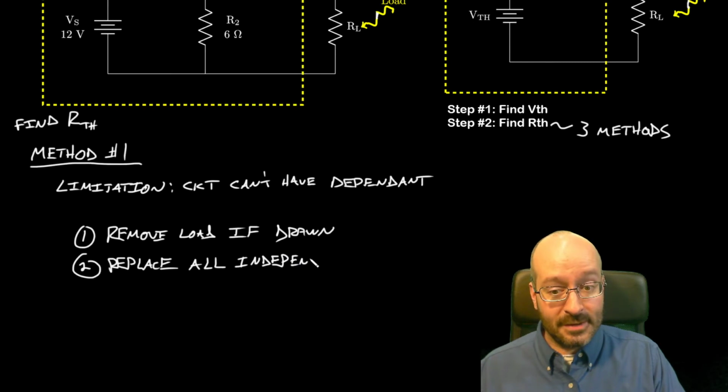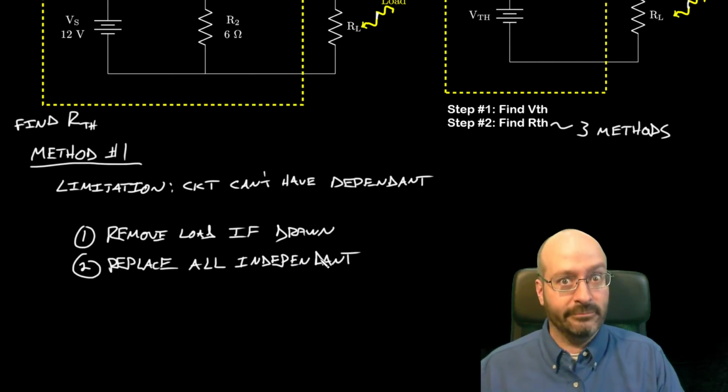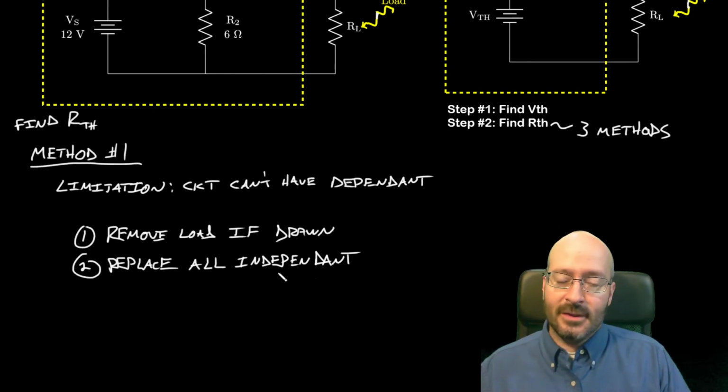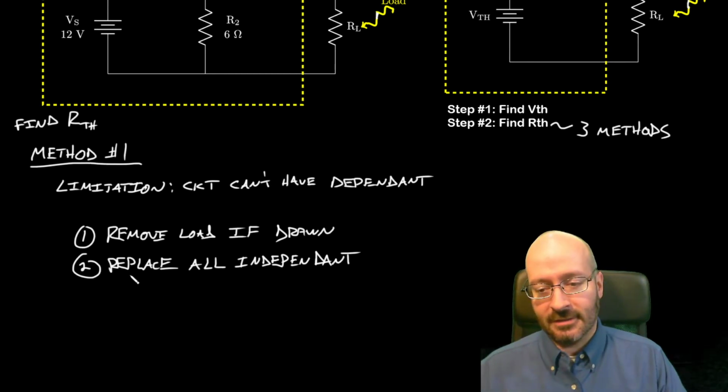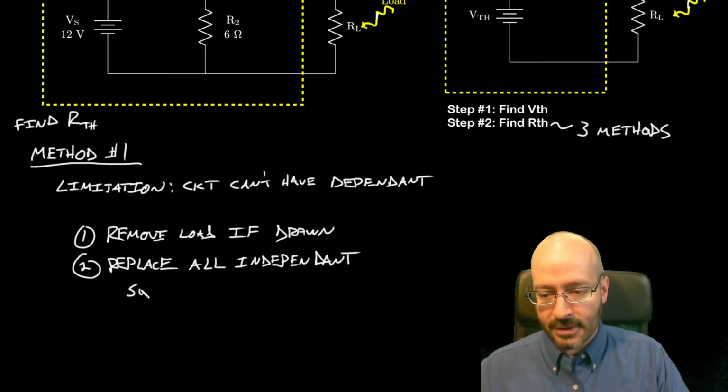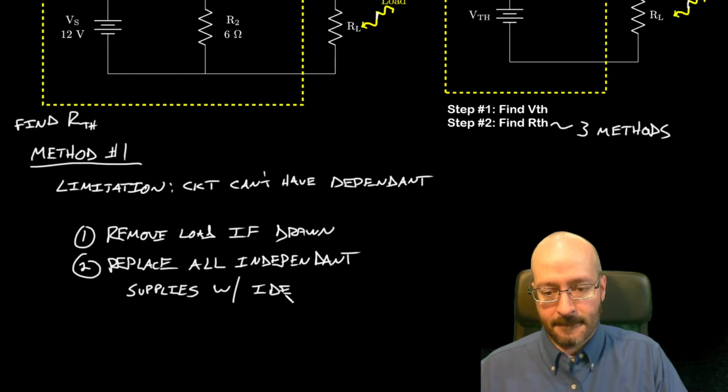If you're using this method, they should all be independent supplies. There should be no dependent supplies left in the circuit. Replace all independent supplies. Guess what you're replacing them with? With their ideal resistances, just like we did with superposition.